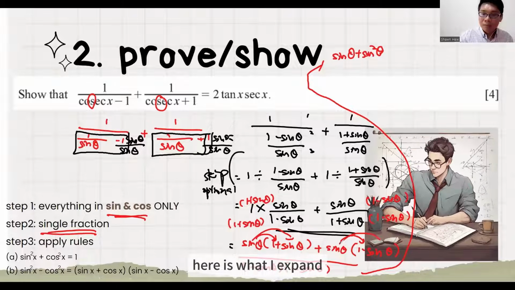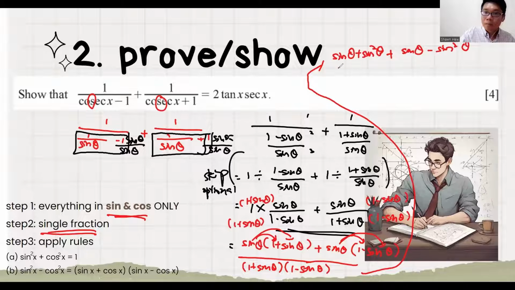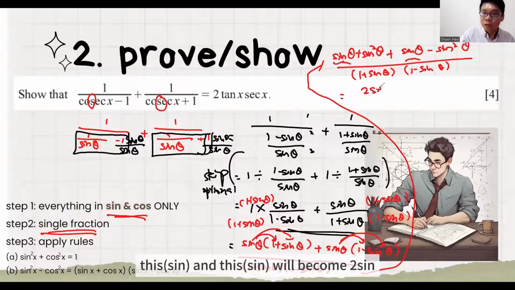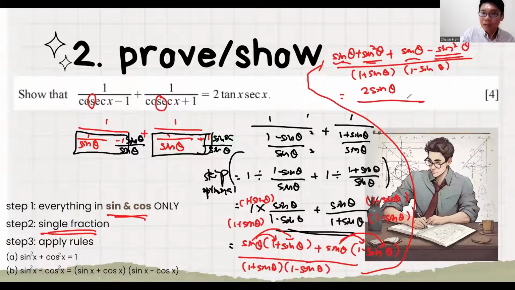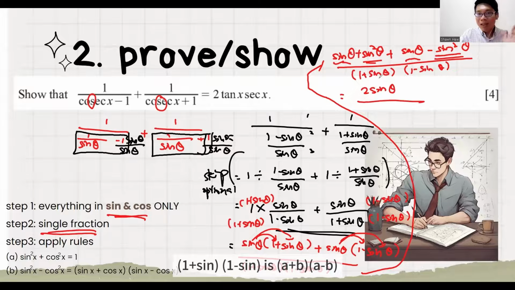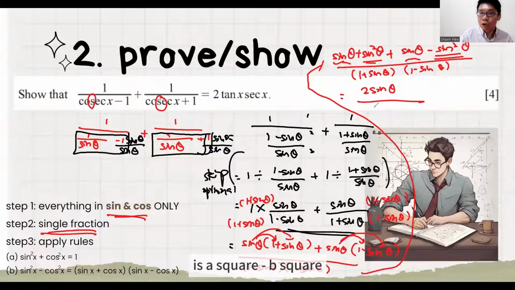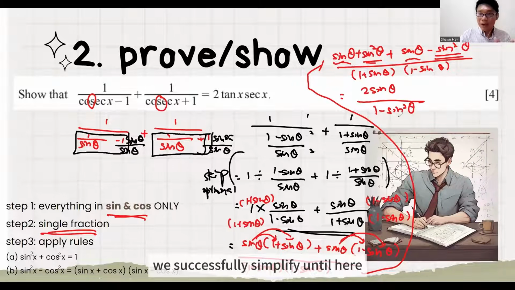Here also I expand. This and this will become 2 sine theta. This and this will become nothing. And then this thing, 1 plus sine, 1 minus sine is a plus b, a minus b, is a squared minus b squared. We successfully simplify until here.